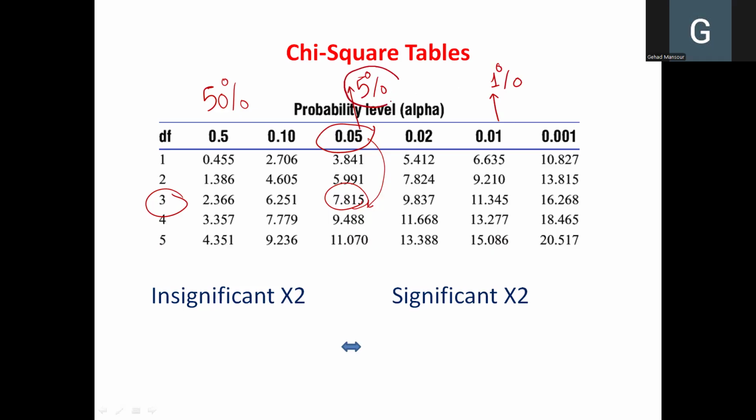So less than 5%, this cannot be due to chance. Compared to the values to the left, the 5% is the smallest, but compared to the values to the right, the 5% is the biggest. So there can't be a smaller probability than 5% that indicates that it is due to chance. Thank you.